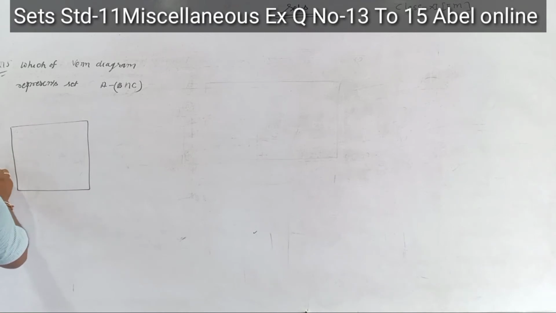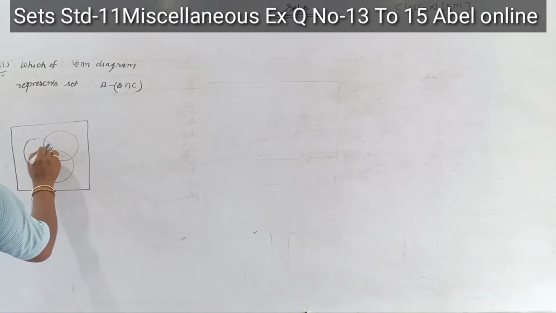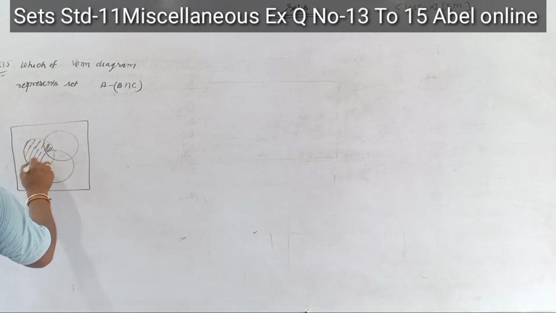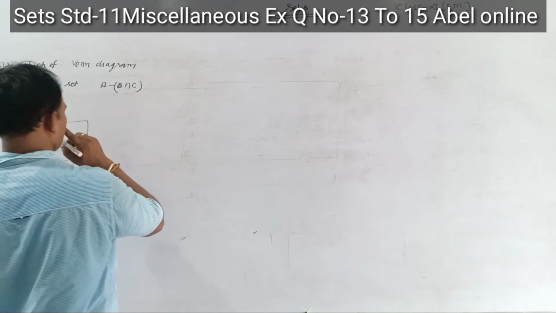This is A. Your dark area is this. This is your option A. A, B, and it is C. What about here?